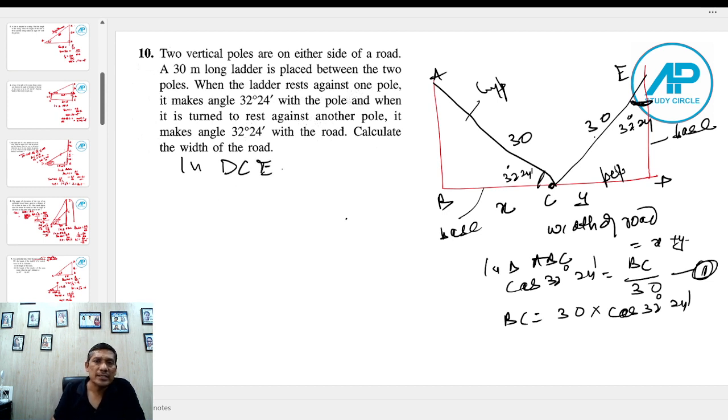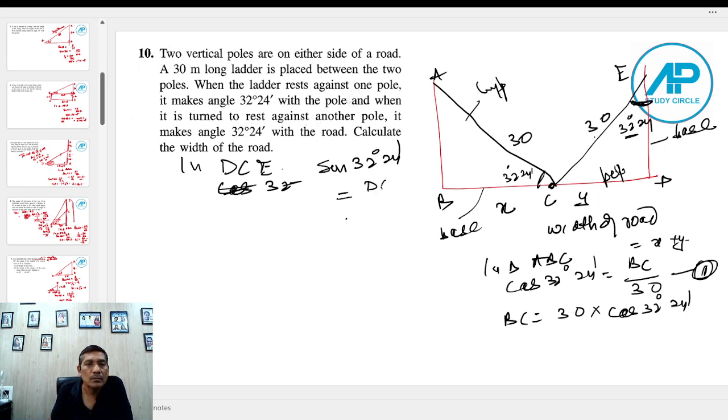DCE, now see the problem here is that the angle is here, so I need to use cos. I need to find perpendicular. Should I use cos? I should use sine. Sine theta equals perpendicular upon hypotenuse, DC upon 30.